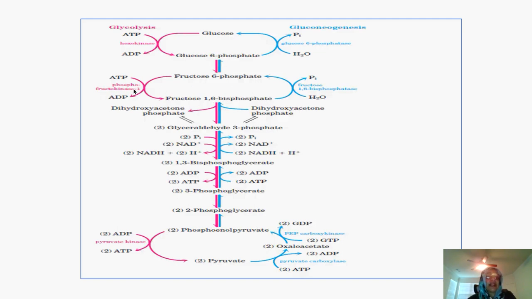This enzyme here on the left-hand side, phosphofructokinase 1, PFK1 in glycolysis, is an irreversible reaction. Okay, it has one direction. So we need to do another bypass and get to fructose 6-phosphate. And here we have another enzyme called fructose 1,6-bisphosphatase.